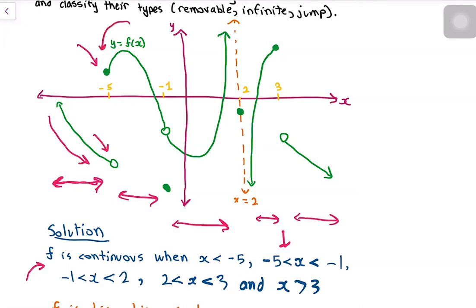This means the limit of the function from the left approaches here, but the limit from the right approaches here. So since the limits from the left-hand side and right-hand side are not the same, the function is not continuous at x equals -5, and this is called a jump discontinuity because we have different limits.